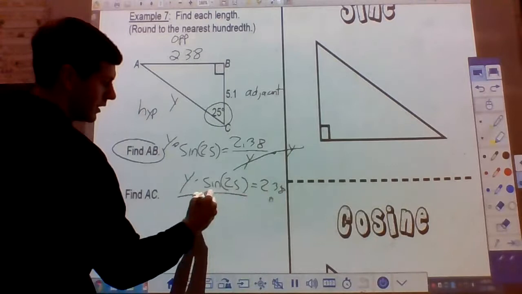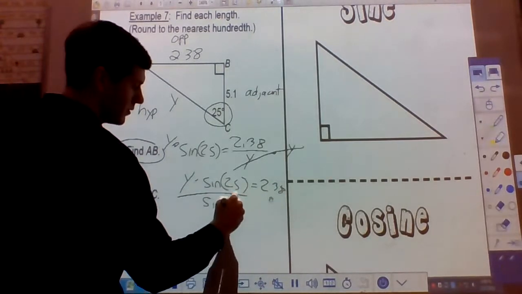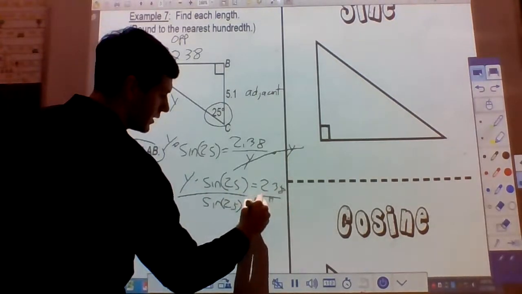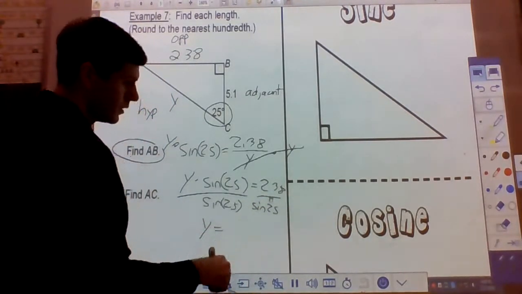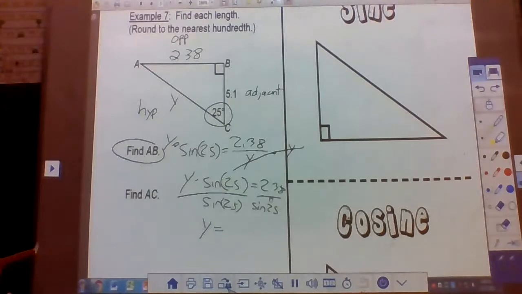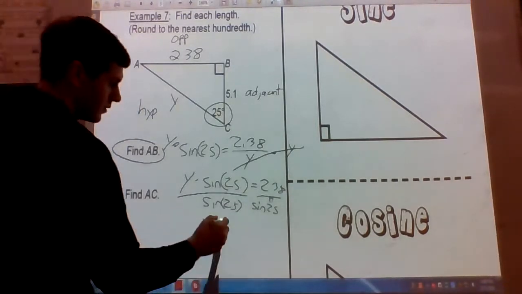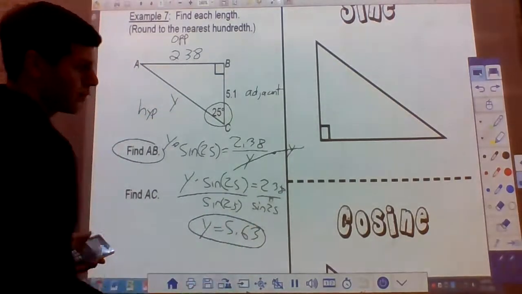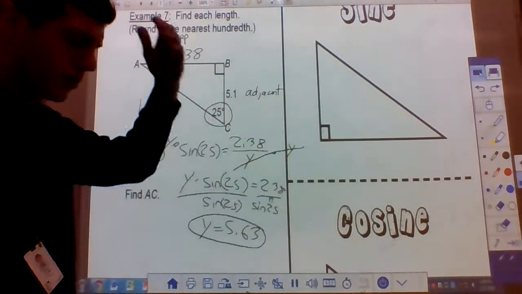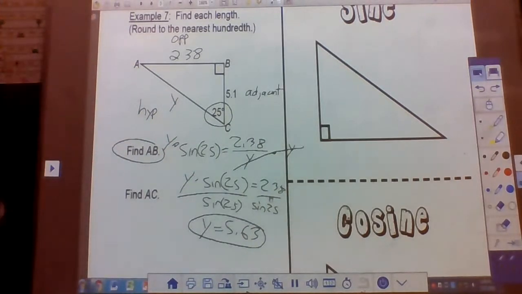We divide both sides by the sine of 25, and we get y equals 2.38 divided by the sine of 25, which is going to give us 5.63. There can be a rounding issue because this really wasn't just 2.38, it was 2.37817.